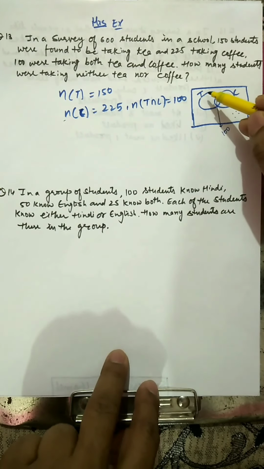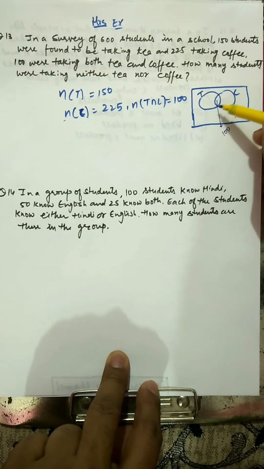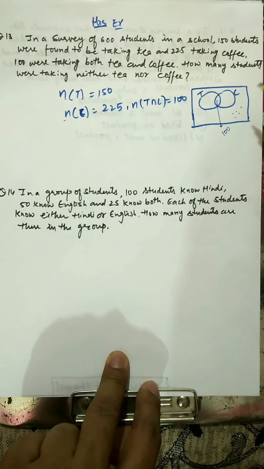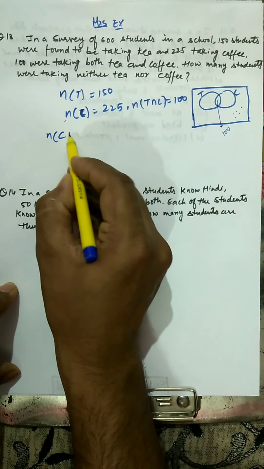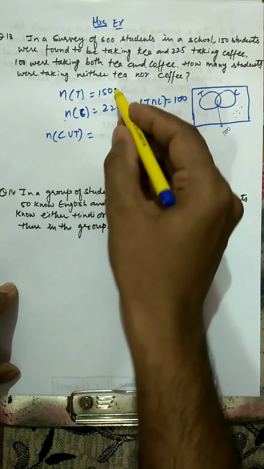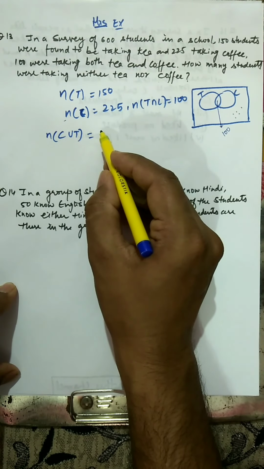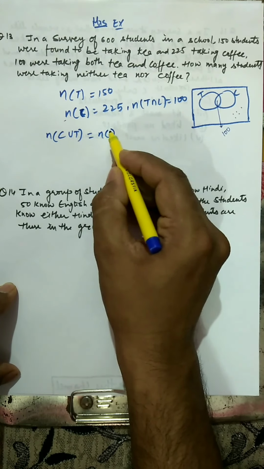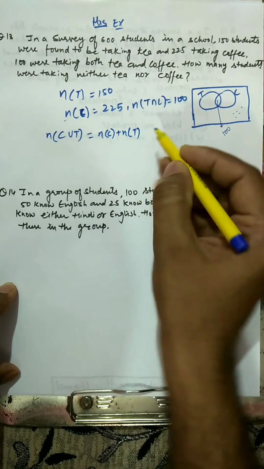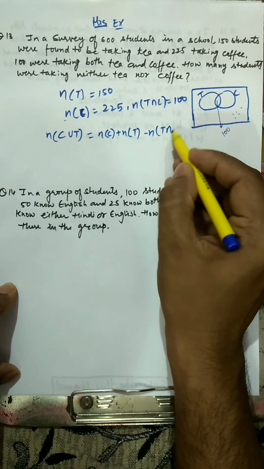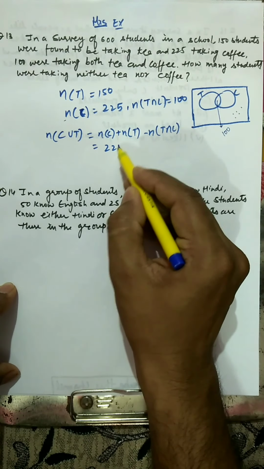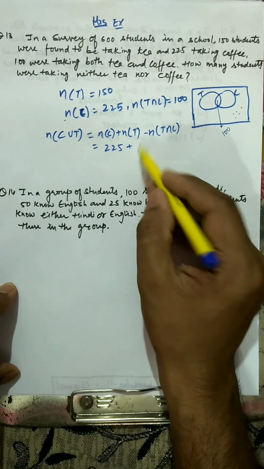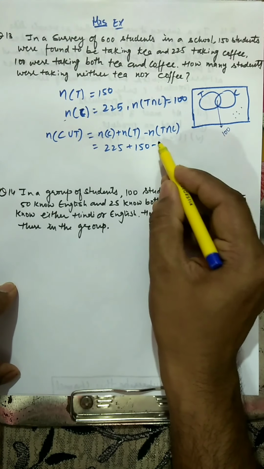You can find the union of the two sets. You have the formula: n(C union T) is nC plus nT minus n(T intersection C). So nC is 225, nT is 150, and this is 100.